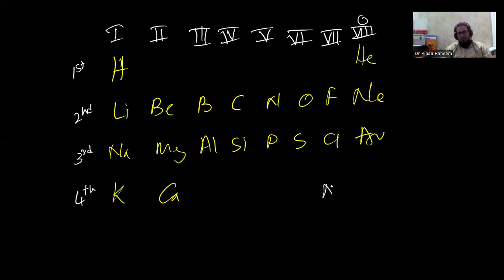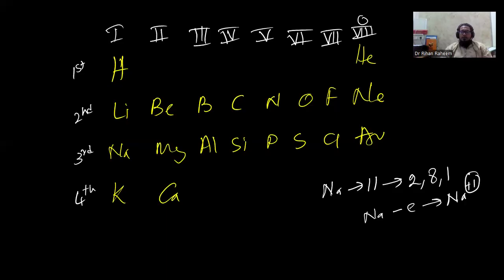For example, sodium: the proton number is 11, electron number is 11, electronic configuration is 2,8,1. To become stable, sodium will remove one electron and become Na+. This 1+ is the valency. Like that, I have done it for all the elements and double confirmed it. And I have given you an easy method.